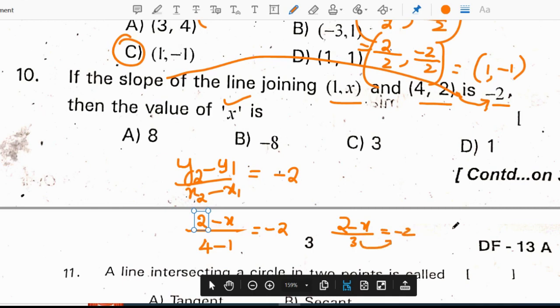When division goes to other side, it will become multiplication. 2 minus x is equal to minus 6. Minus x is equal to minus 6 minus 2. So x value will become 8. Minus x is equal to minus 8. When negatives cancel, x is equal to 8. Correct option for 10th question is A. 8 is the answer.